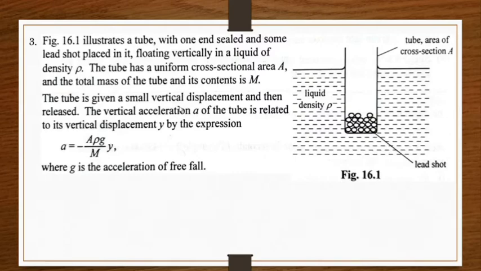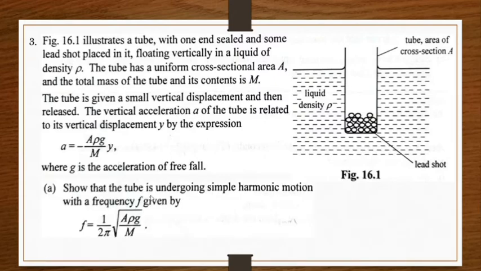The tube is given a small vertical displacement and then released. The vertical acceleration a is given by minus A, where A is the area, times rho times g over capital M times y, where g is the acceleration of free fall.